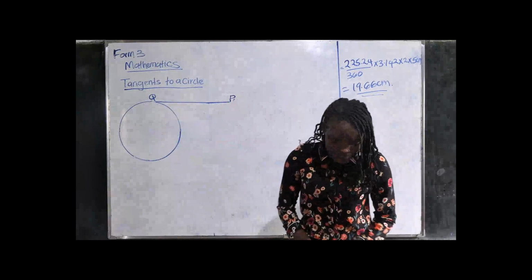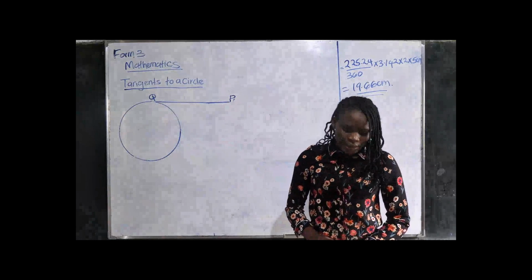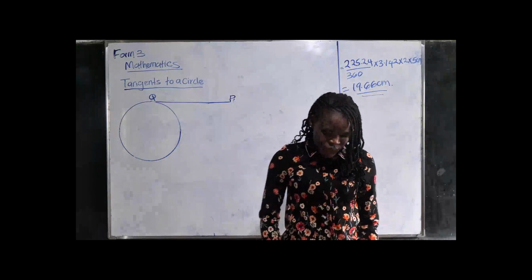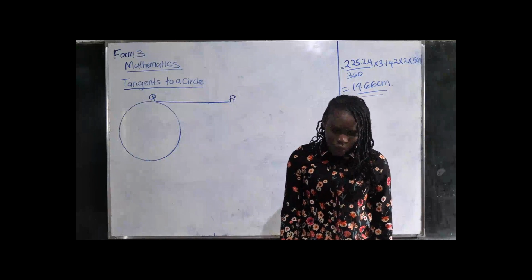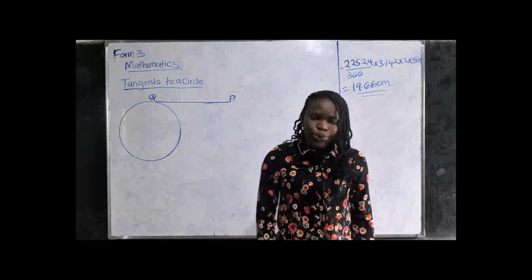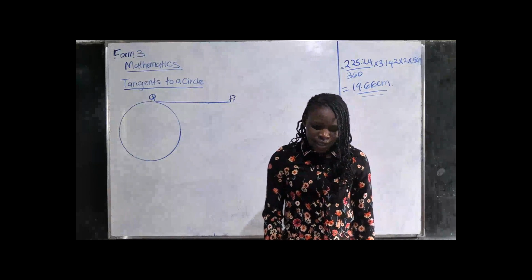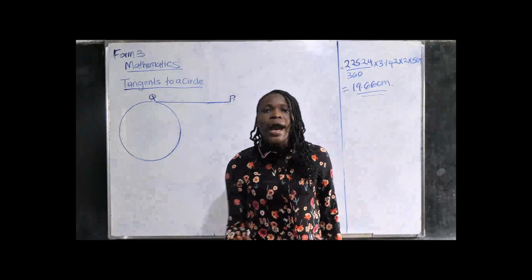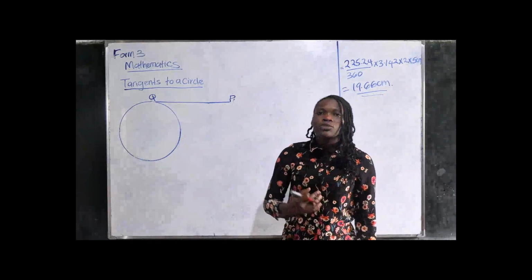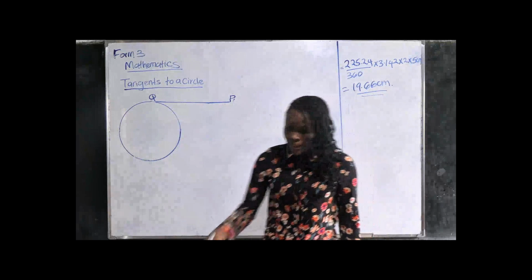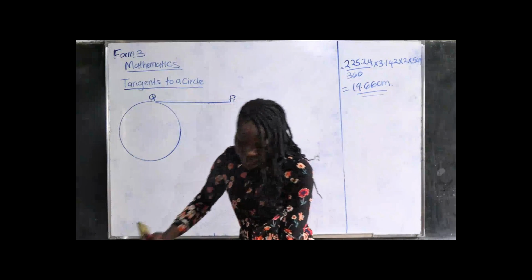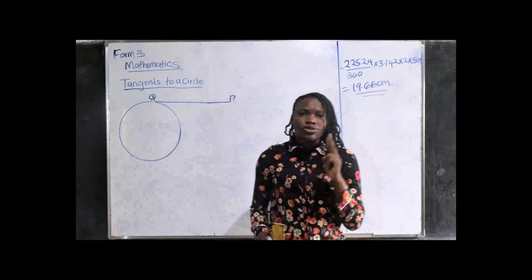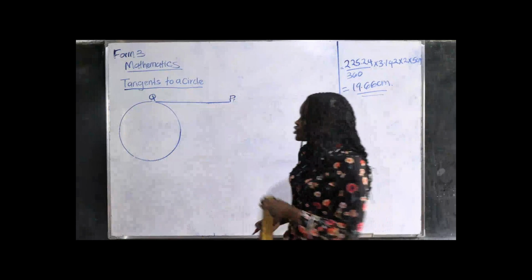We are told PQ means chord SU, it means from SU proceeding at point P. So we have a chord, and this chord is proceeding to point P. Let's draw it. We know that a chord cuts the circle at 2 points.